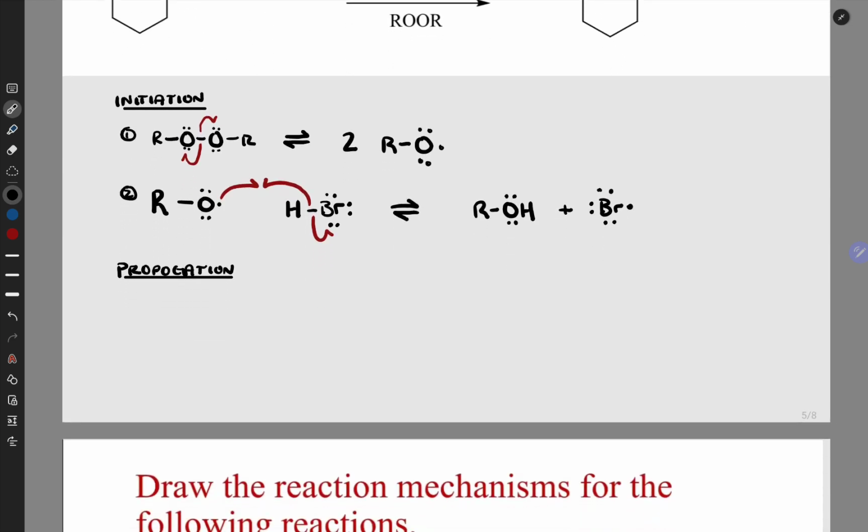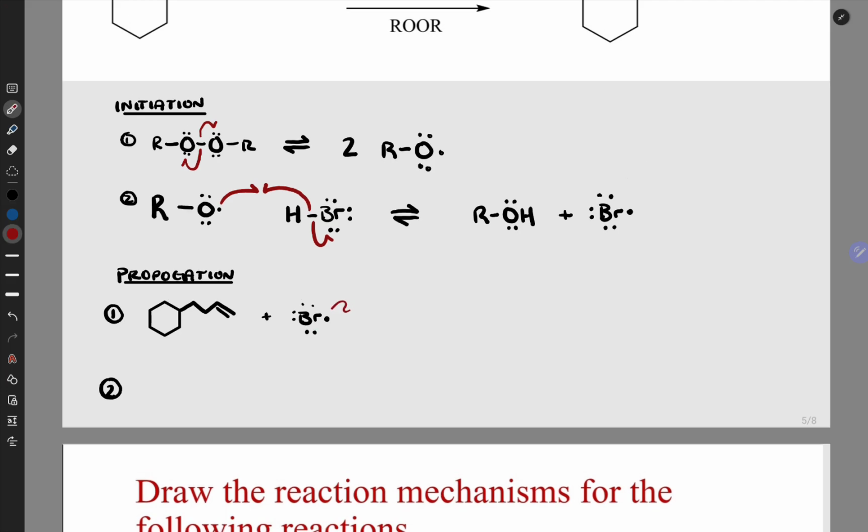Alrighty. Moving on to our propagation steps, we have a cyclohexane with a pentane and an alkene on the end of it. Here we're going to do 2 steps like we did in the first part, so a total really of 4 steps here. We're going to throw on our bromine radical from the second step in initiation and attach it to this guy by doing sort of the same thing.